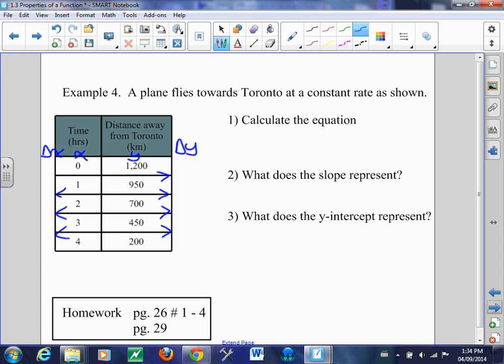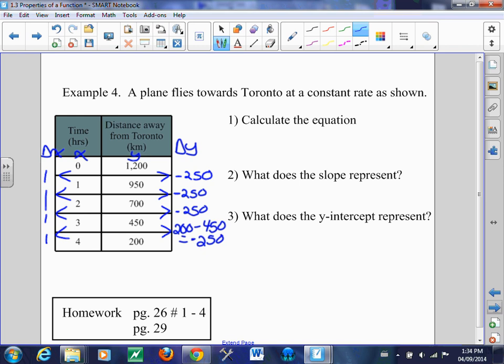We can do that very visually, which is 1. Now change in y, you might need to use your calculator here. Be careful. For example, 200 subtract 450 gives you -250. It's -250 each time. Just remember, it's the distance away from Toronto.